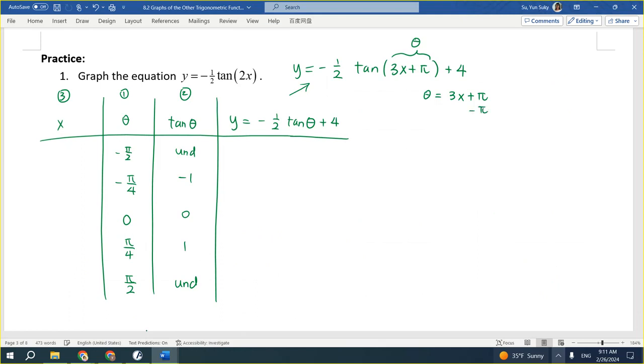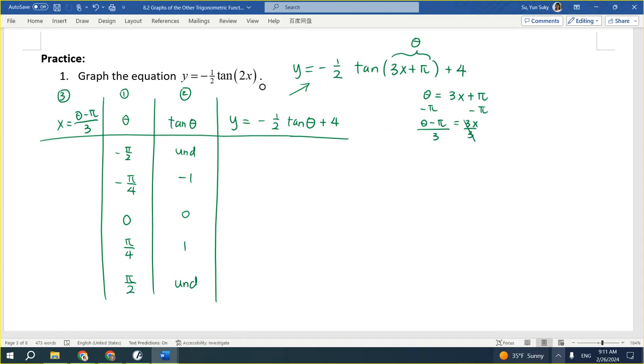Subtract pi on both sides. We get theta minus pi is 3x. Then what do you do next? Divide by 3. Yes. So we get x is theta minus pi over 3.